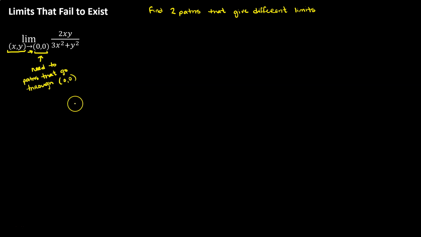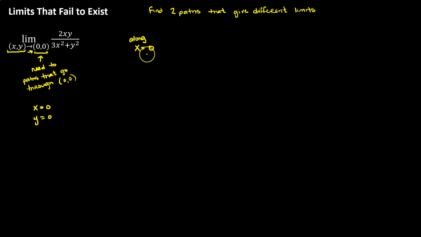The easiest paths I can think of are x equals 0 and y equals 0. Both of those lines will pass through the point 0, 0 in the domain. If I travel along each one of those paths, I can see what the function looks like.